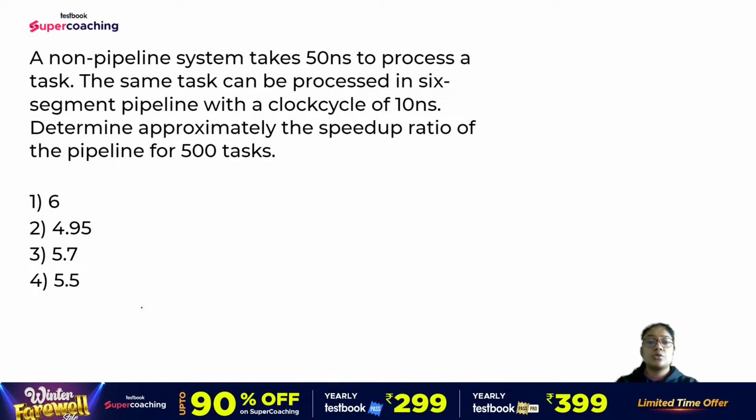Here you are supposed to do some calculation. You have to calculate the speed up factor. This question is from the concept of pipelining. A non-pipeline system takes 50 nanoseconds. So can I write this as Tn? I'm calling this Tn, time for non-pipeline.